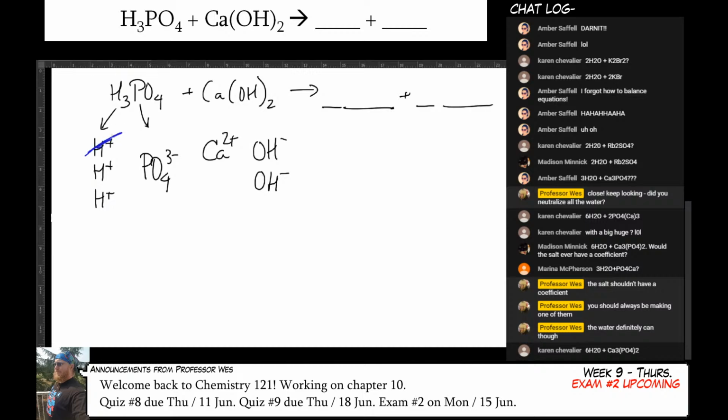So I can go 1, 2, but I have extra H left over. So I'm going to need an extra one of these things. Get another calcium here. And unfortunately, that only does this for my problem. So now I need another one of these to get another phosphate here, and more H pluses here.